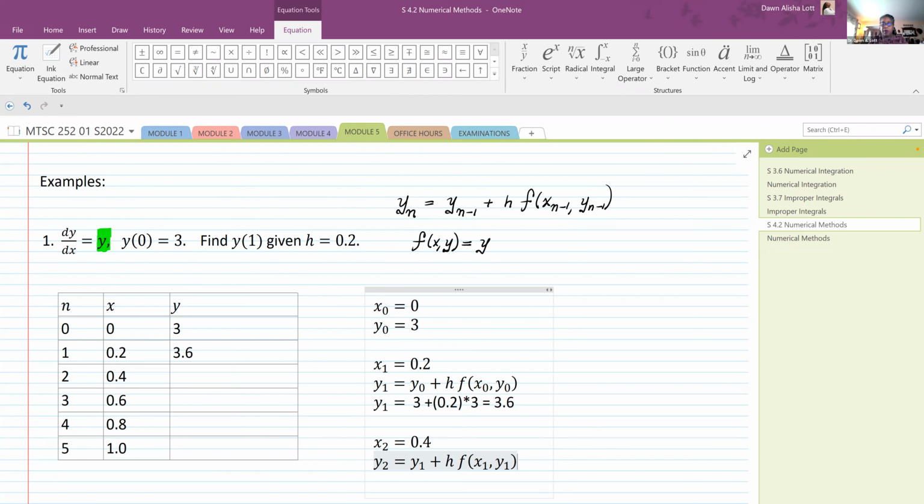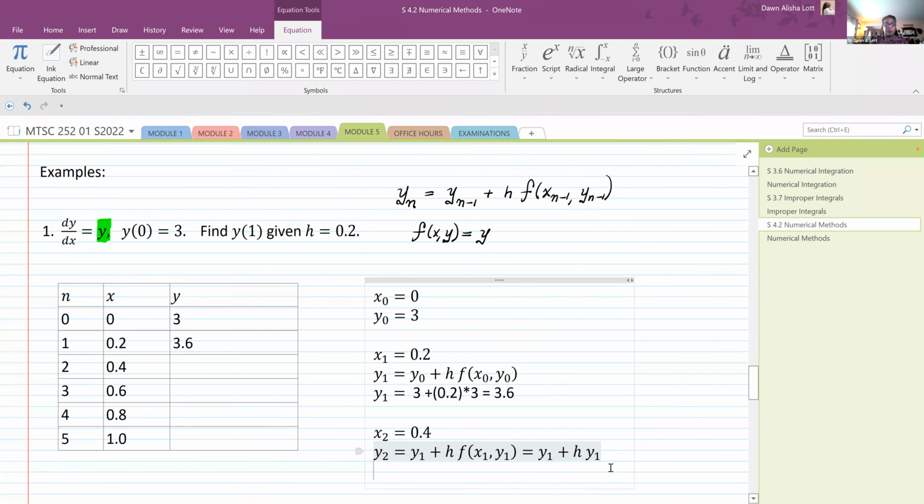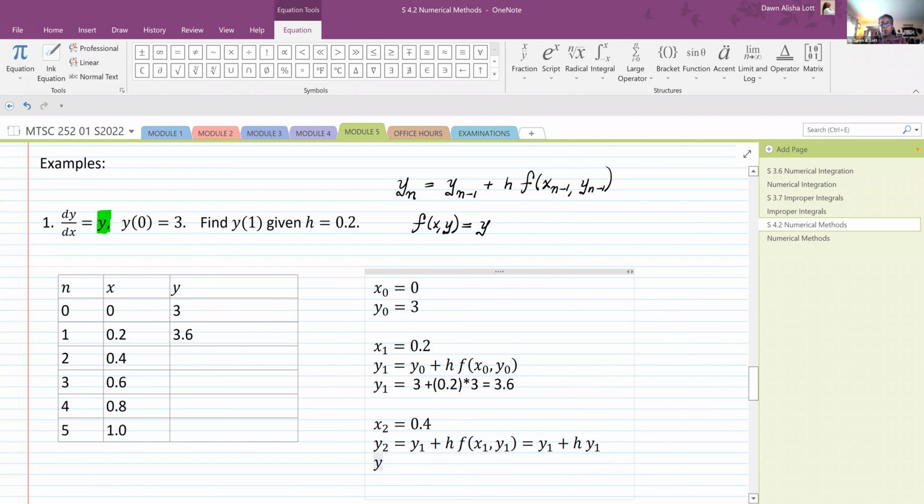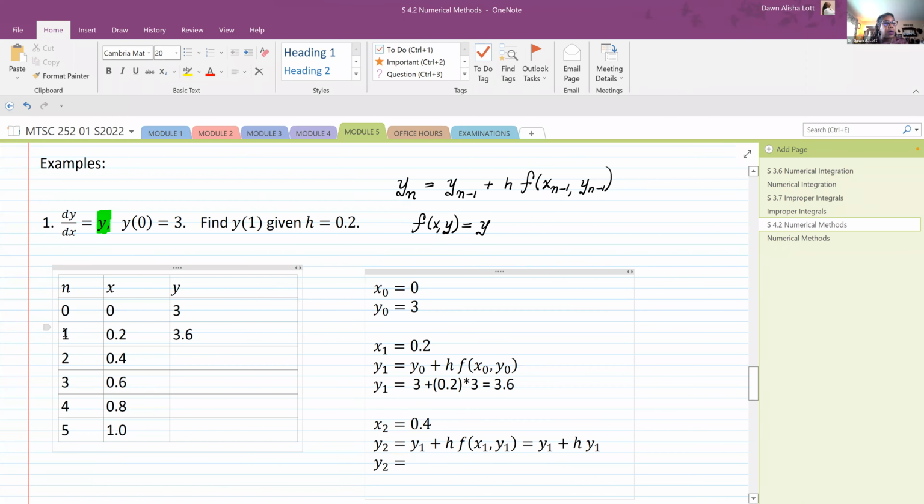Okay, we already know that's going to be y1 plus h times, and the function value is always to take the previous y, y1. Okay, so that's all we need. All right, so let's find it. So y2 says take y1, here's y1. So y1 is 3.6.